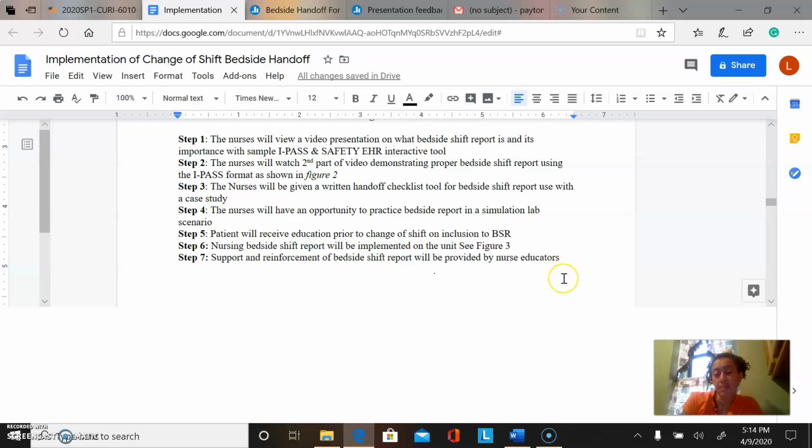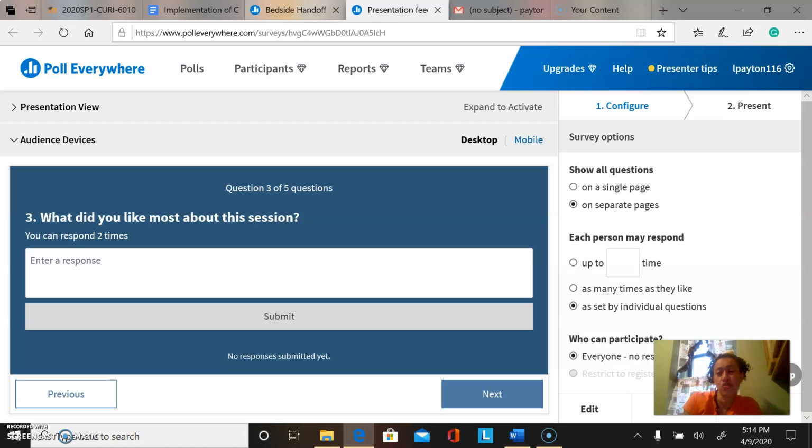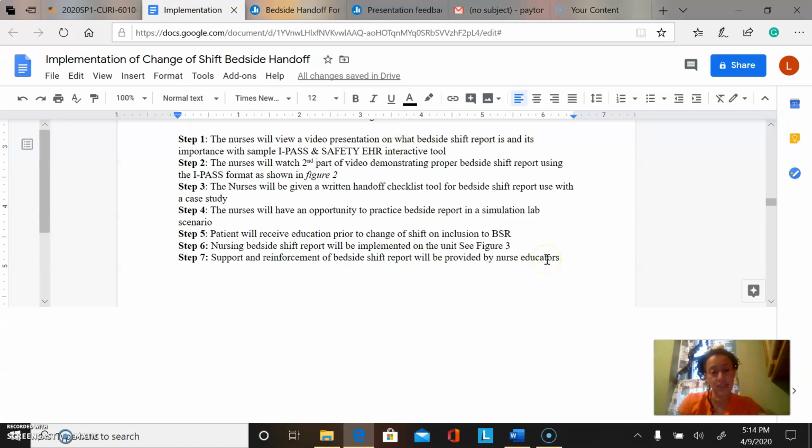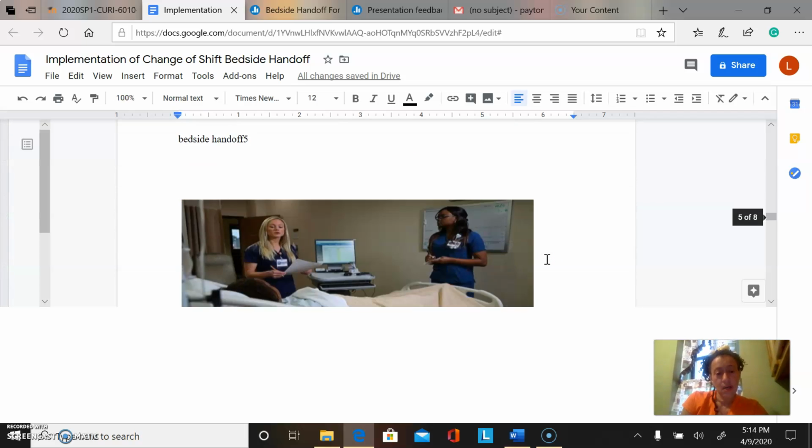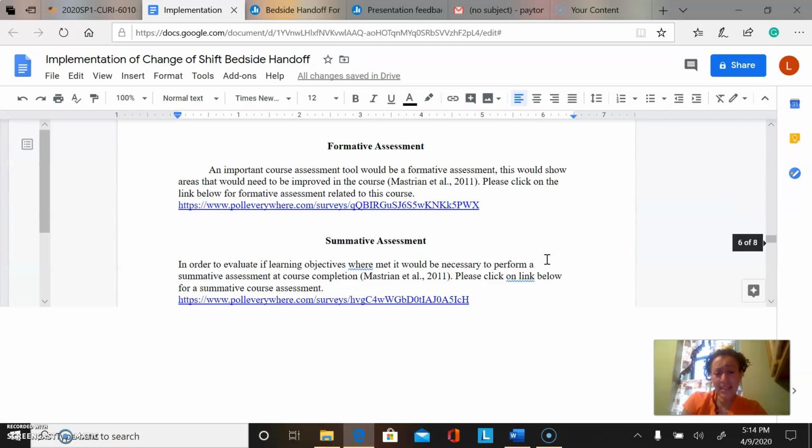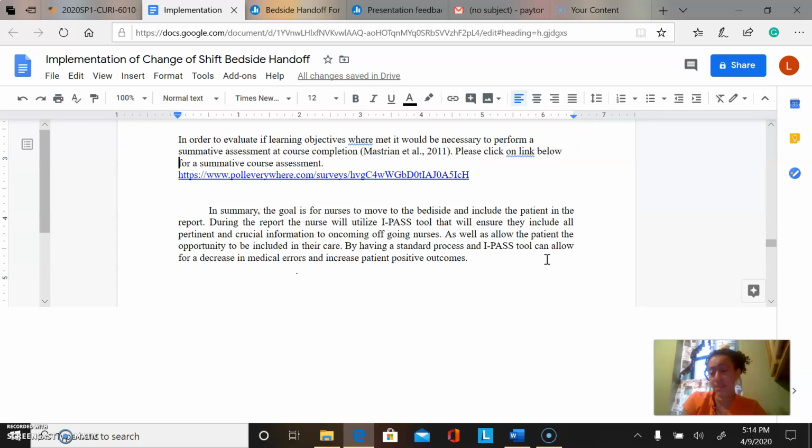A lot of times you implement processes and then the nurses will be against change and go back to the old ways, which is not really the best in this scenario. We want to ensure that they continue to utilize this new process for patient safety. And I kind of think that sums it up.